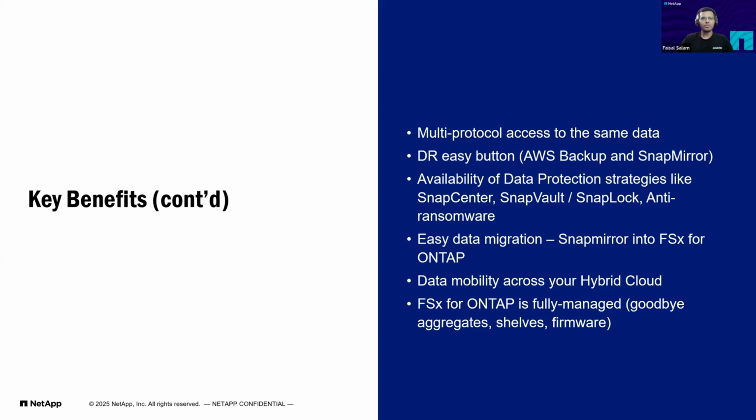We have options to start from a very low throughput, a very low size, and we can scale up to a petabyte and several hundred Mbps, up to 4 Gbps of throughput, right? So all of that scalability within a matter of minutes is another one of the key advantages that we've noted when it comes to FSx.